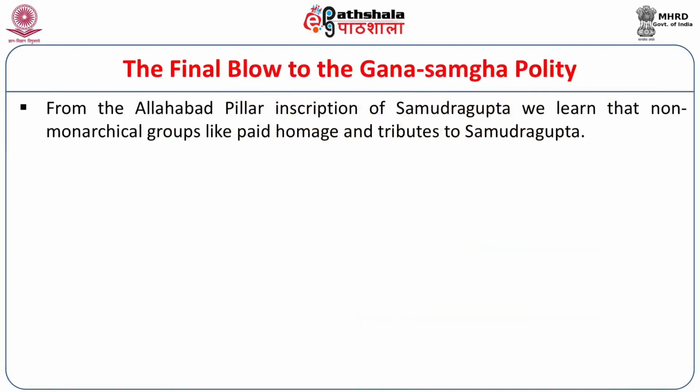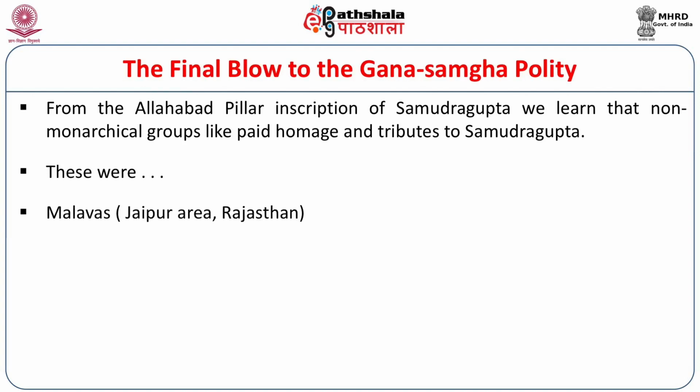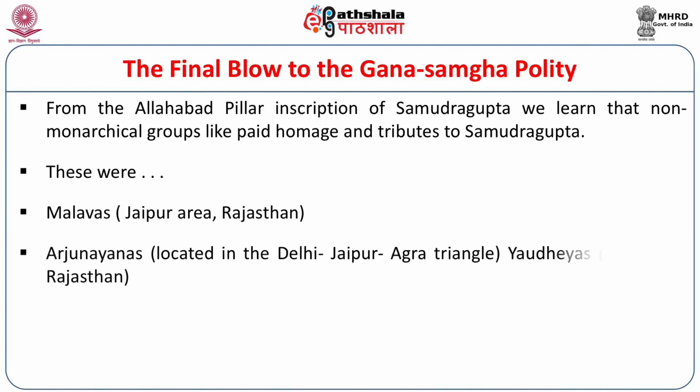The Allahabad pillar inscription gives us a detailed account of the annihilation of the non-monarchical powers. We learn that these non-monarchical powers paid homage and tributes to Samudragupta. These were the Malavas, who were residing in the Jaipur area, and the Arjunayanas, located in the Delhi-Jaipur-Agra triangle.